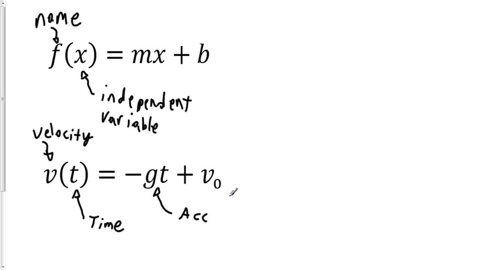So g, like I said, is the acceleration of the object due to gravity. And that changes depending on how close to the center of the earth you are, or your elevation. But this is at sea level.